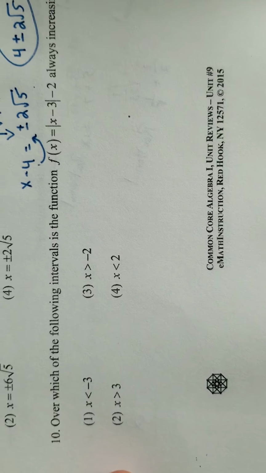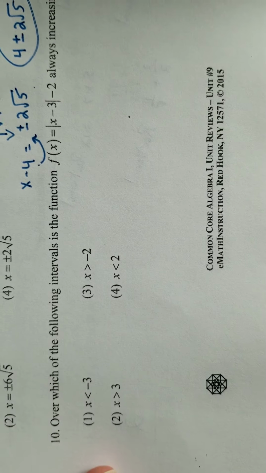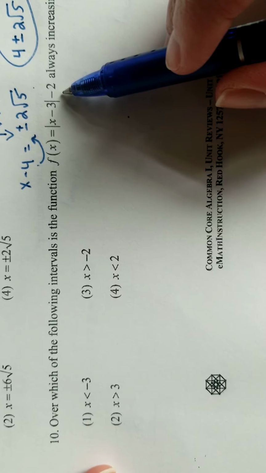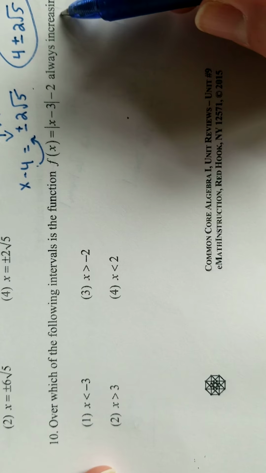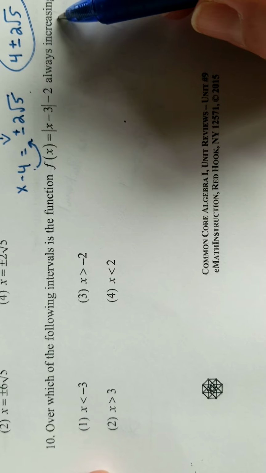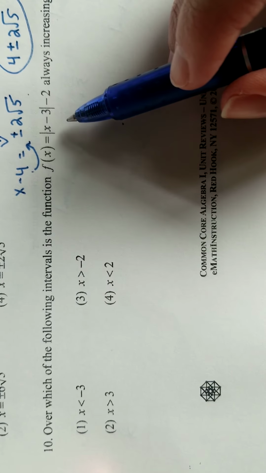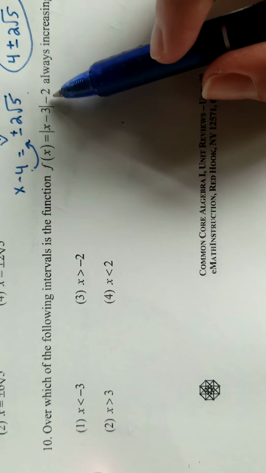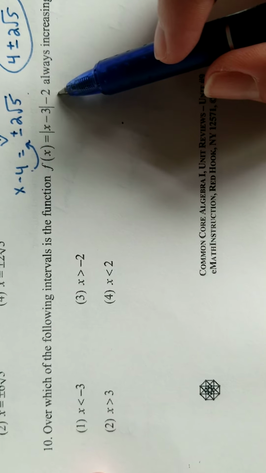Number 10. Over which of the following intervals is the function absolute value of x minus 3 minus 2 always increasing? So when you're increasing, you're going up. So let's see, we could graph this on our graphing calculator. We could think about the vertex of this point.